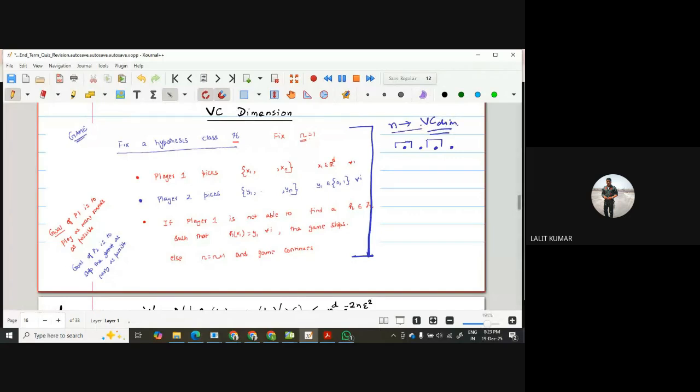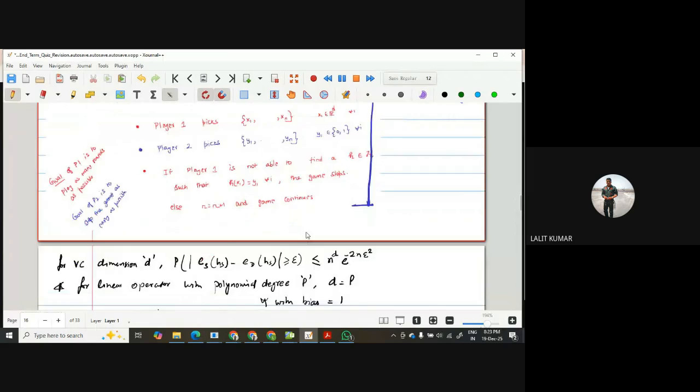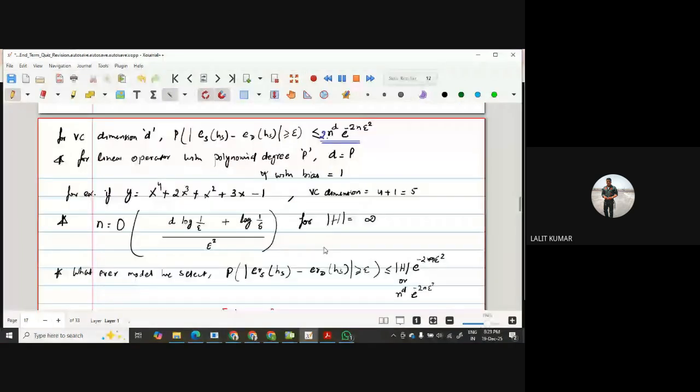I will not cover compression also, because compression size is equivalent to VC dimension. So directly apply your VC dimension concept and you can find that. And here this will become 2, like Ravina had mentioned. This becomes 2 n to power d e to power minus 2n epsilon square.